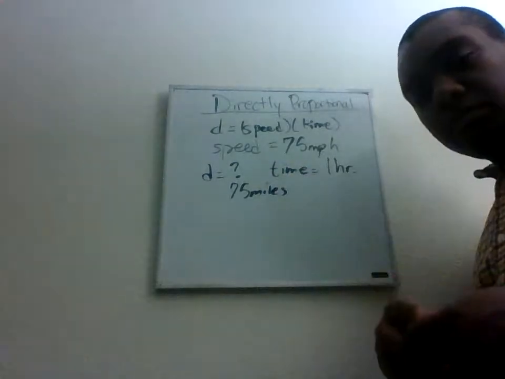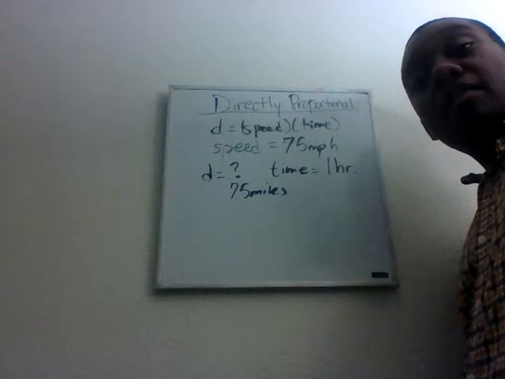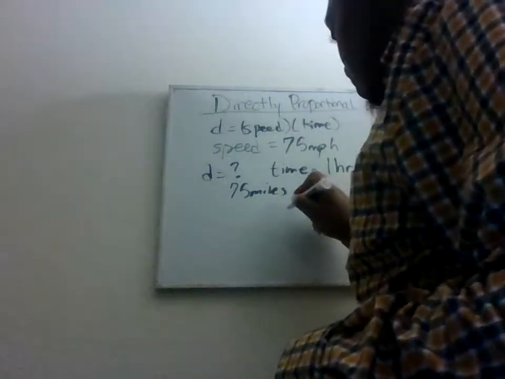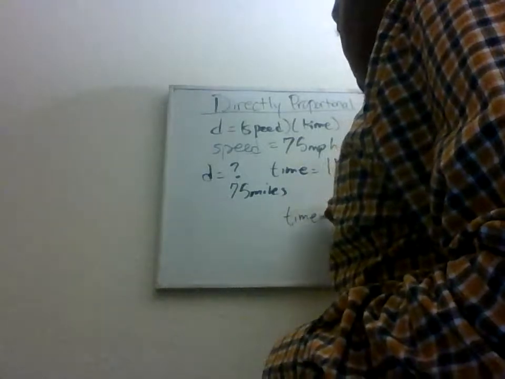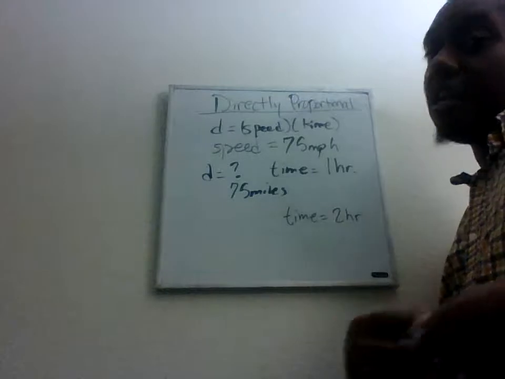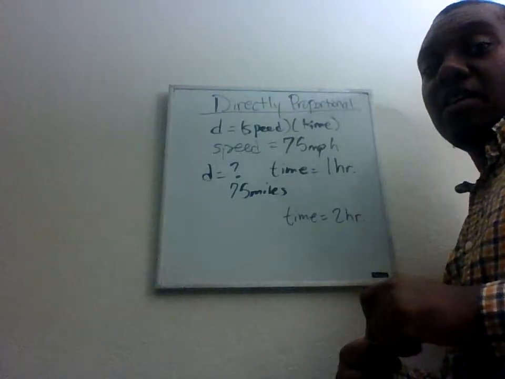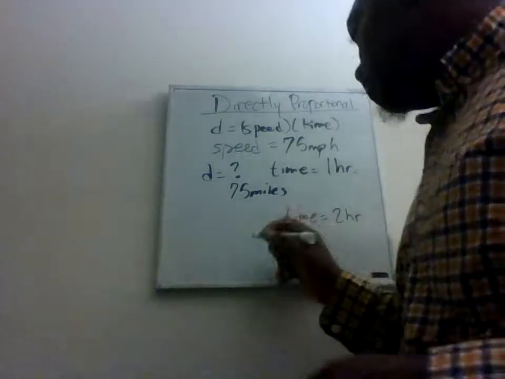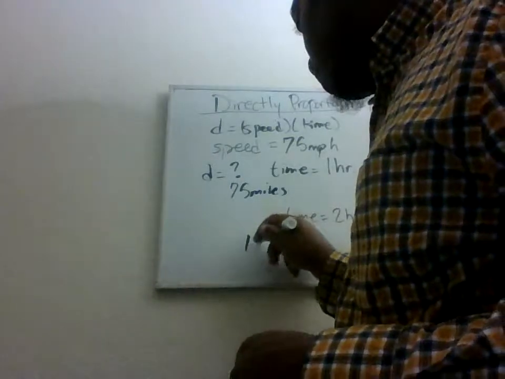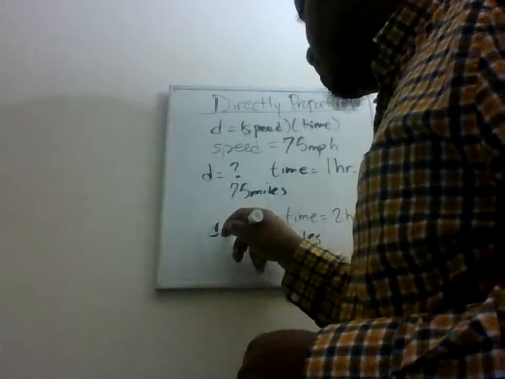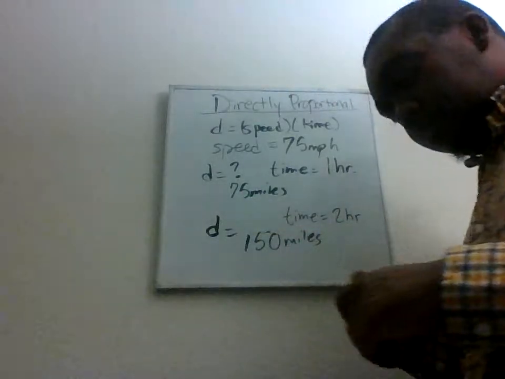That's pretty simple. Okay. Well, what if instead of going for 1 hour, we went for 2 hours? So this time is 2 hours. For the first hour, we went 75. What do you think is going to happen the second hour? We're going to go 75 again. So we've gone a total of 150 miles. And that would be our distance that we traveled.